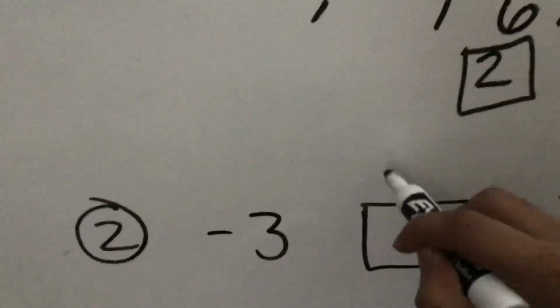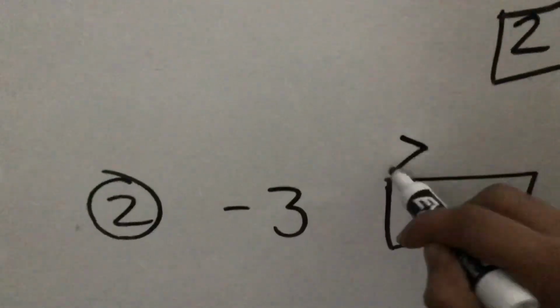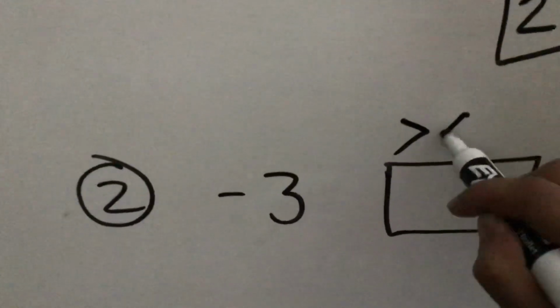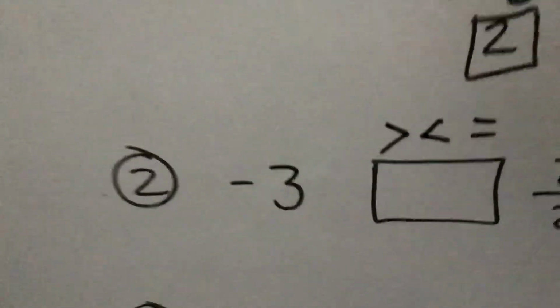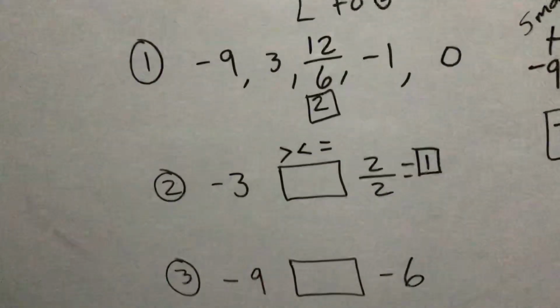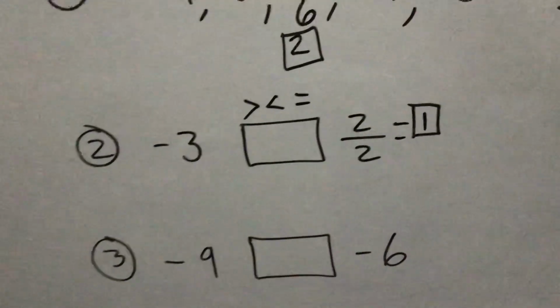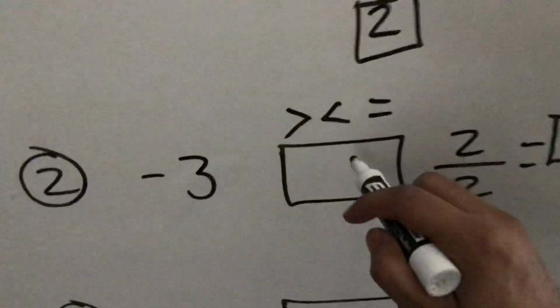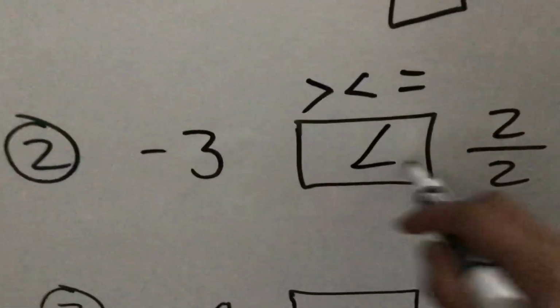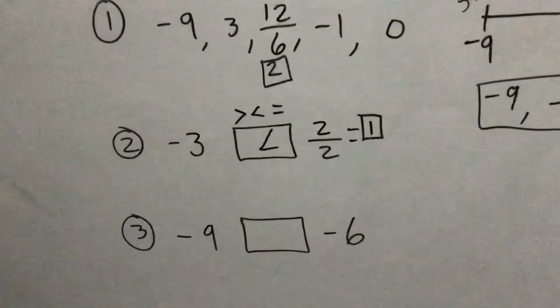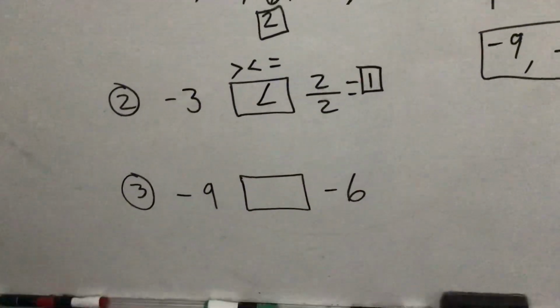Here I forgot to say we're doing greater than, less than, or equal to. Any negative number is always going to be less than a positive number. So in this one, we don't even have to do the number line. It's just so basic to understand that.